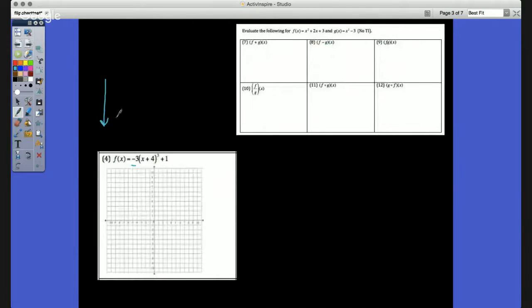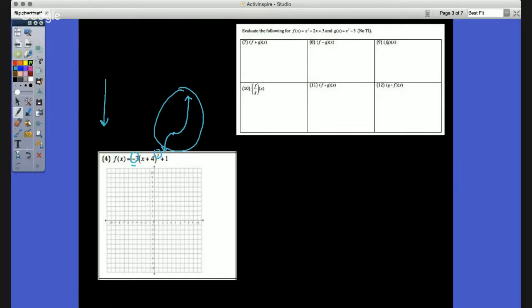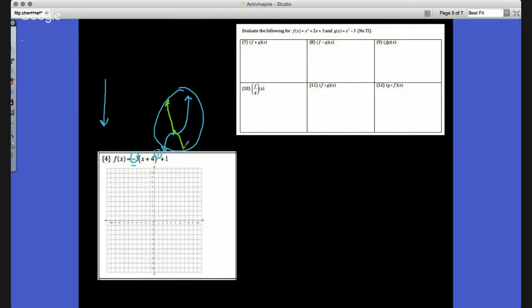Now let's look at the one that's down below. We note that it's cubed, so we would normally think of it rising to the right like a half parabola up, and then also a half parabola down. So on number 4, the graph will look something like this. However, because this is negative, what would normally rise to the right would now, from the same spot, rise to the left and fall to the right.